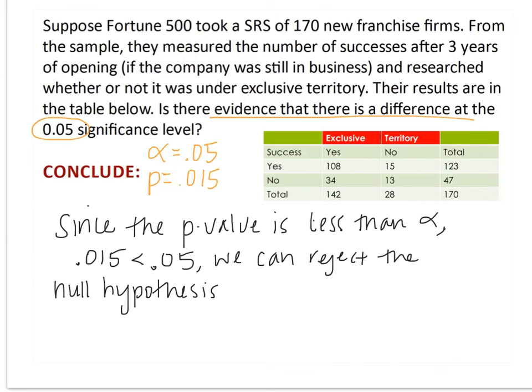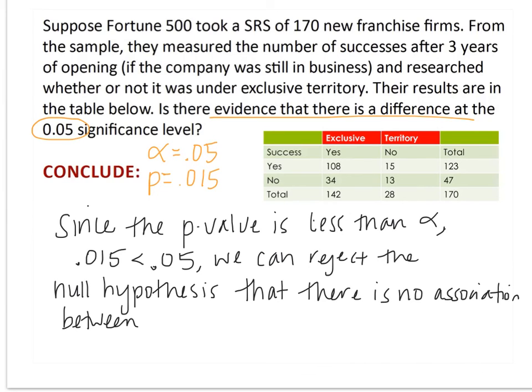Well, what was the null hypothesis? The null hypothesis was that there was no association between exclusive territory and success. So I can reject the null hypothesis that there is no association between exclusive territory and success.